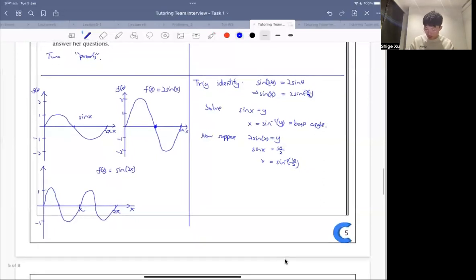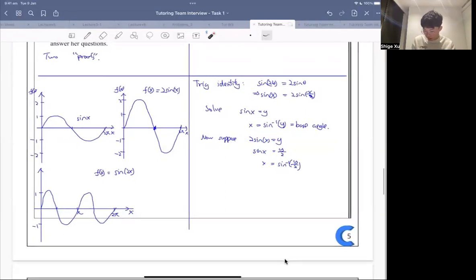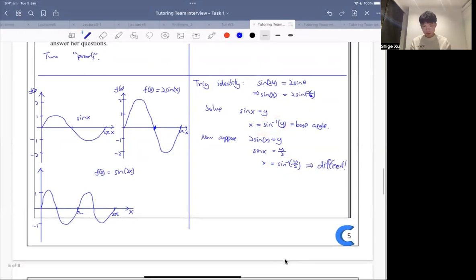Right. So here you can see it's a dilation from the y-axis, because we have a 2 in front of the sine. And look, sine inverse of y on 2 and sine inverse of y are clearly different things. So we produce different base angles. Right?